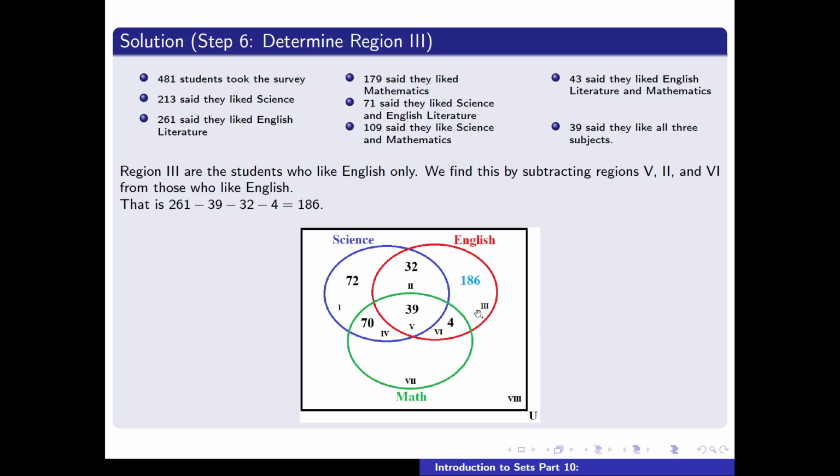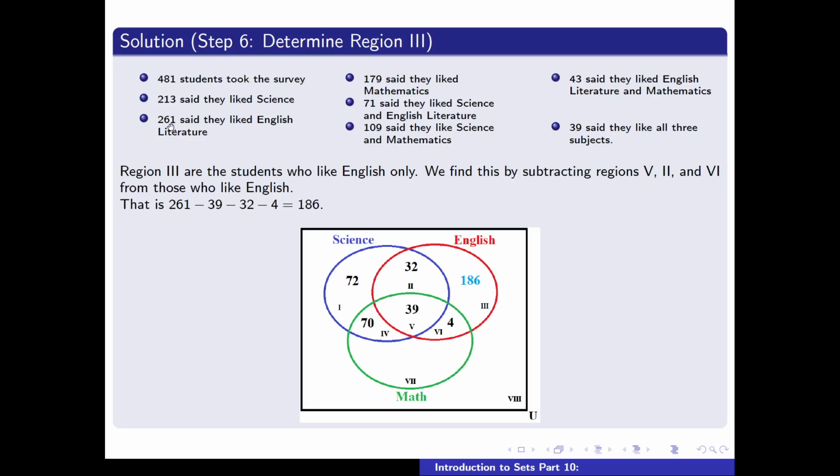Moving on to region 3, by a similar method, we know that 261 students said they liked English. And again, the set of students that liked English consists of regions 2, 3, 5, and 6. So in order to get region 3, we need to subtract what we already know from regions 2, 5, and 6 from the total number of students that said they liked English.